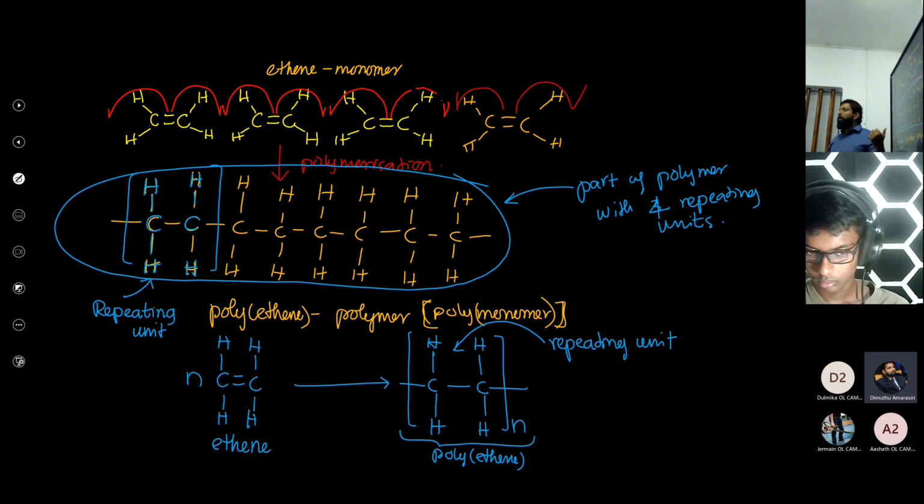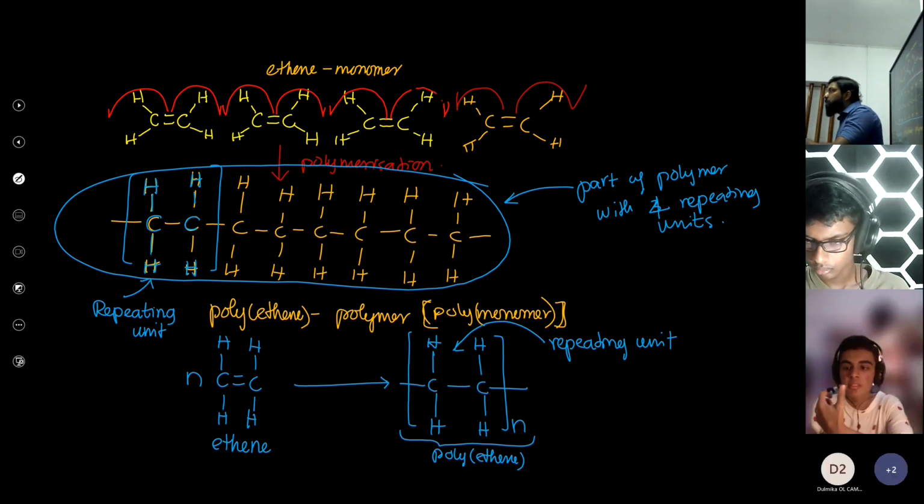Can you remember we did addition reactions of alkenes at the beginning of the class? What is the main characteristic of an addition reaction? When they are added, only one product. Finally, what happened? They became only one product. Were there any byproducts?